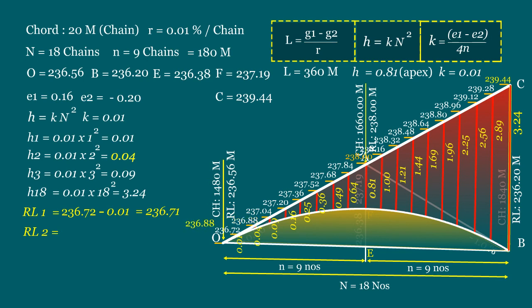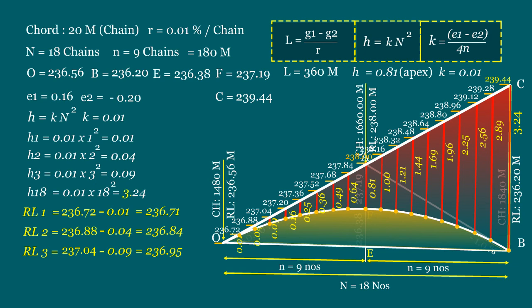That is, the elevation of peg 2, 236.88, minus the tangent correction 0.04. That gives the value of 236.84 meters. And now, we will find the RL value of third peg. That is, 237.04, minus 0.09. That gives the value of 236.95 meters. Repeat the same procedure until we reach peg 18.